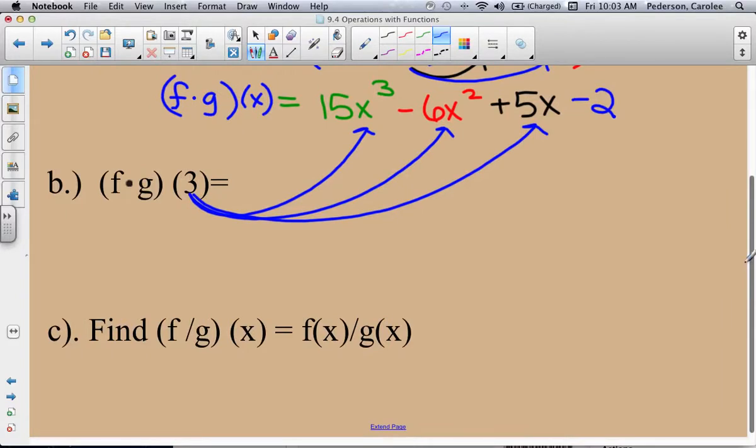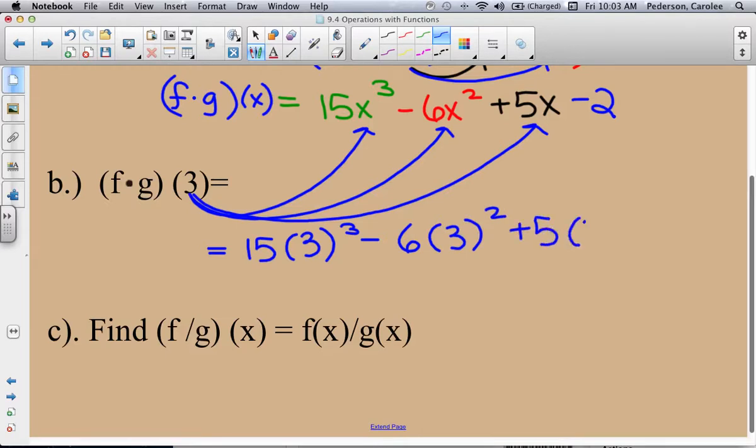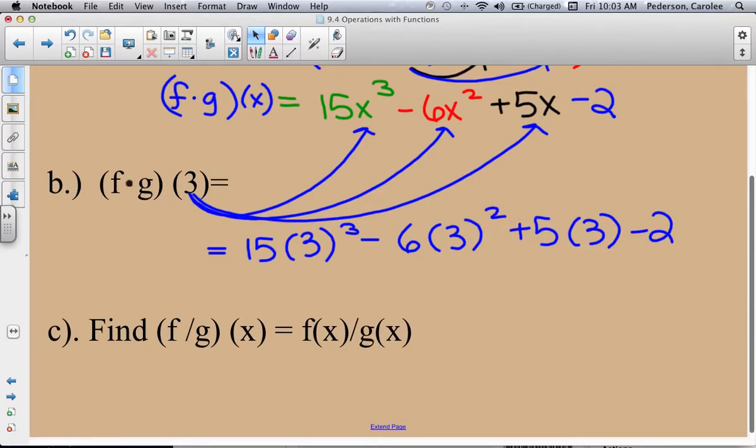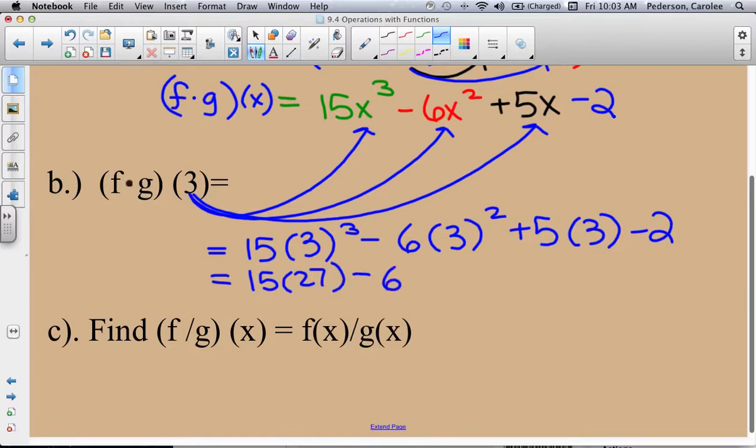So we have 15 times 3 cubed minus 6 times 3 squared plus 5 times 3 and then minus 2. Now we're going to do our order of operations and simplify it. So we're going to do our exponents first. 3 times 3 times 3 is 27. 3 times 3 is 9.